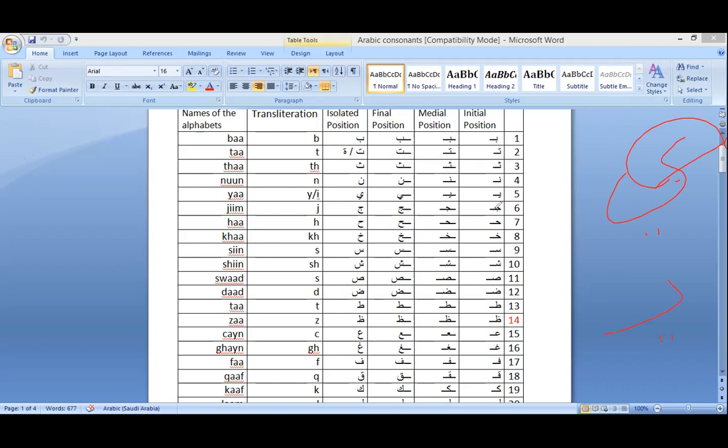Let's see group 2. Jim, Ja, Ha, and Kha. Do you see any change? If you compare this, they show that there's no room for connection.